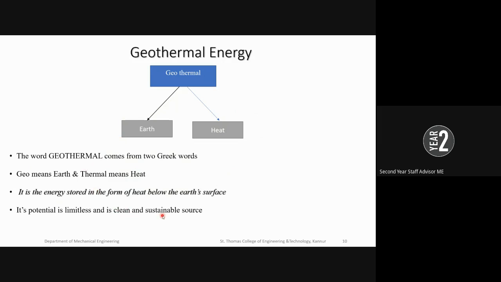We already studied the hydroelectric power plant, right? At that time there are so many emissions, due to the plants inside the water, as well as emissions like methane and carbon dioxide. Here it is not like that, and it is not causing any damage to the environment. There are no such dangers or hazards caused by this energy resource.